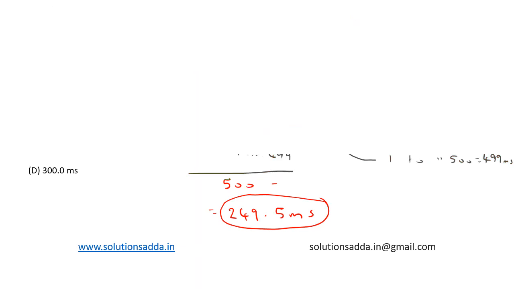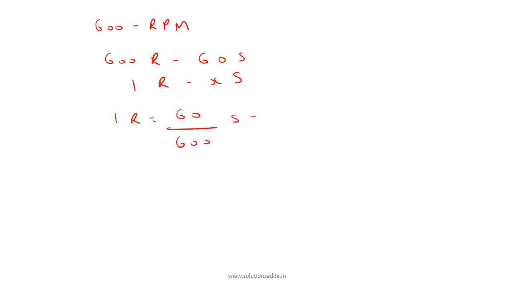Now it is given that 600 is the RPM value, that is 600 rotations in 60 seconds. So for one rotation, how many seconds are needed? For one rotation, it requires 60 by 600 seconds, which is equal to 0.1 second.